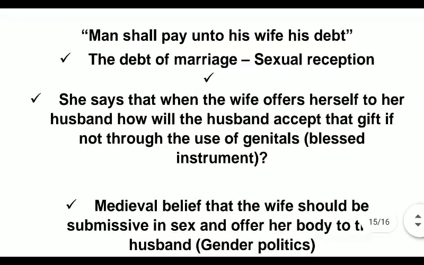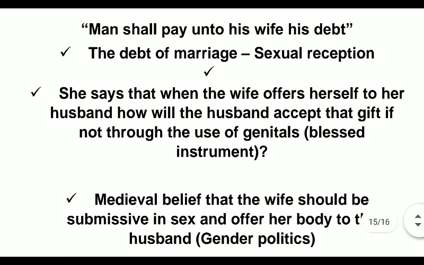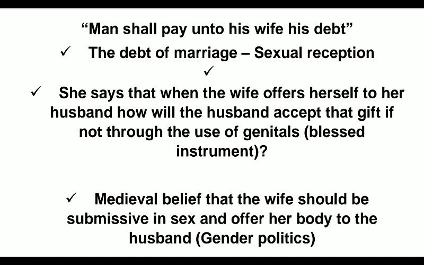And in that section 5, she also says that man shall pay unto his wife his debt, and this is the debt of marriage. This is about the sexual reception, and with this we come to a medieval belief.